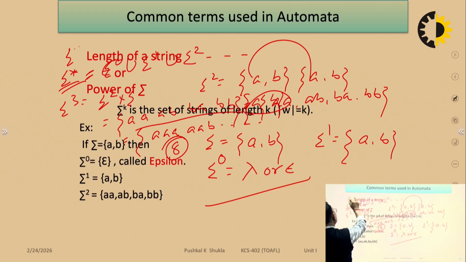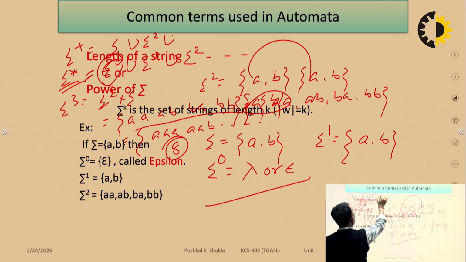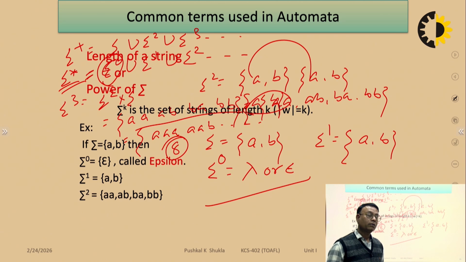And sigma plus, that is positive closure, is equal to excluding sigma 0: sigma union sigma square union sigma 3 up to n. Sigma star means the star operation, star closure, and sigma plus is positive closure.